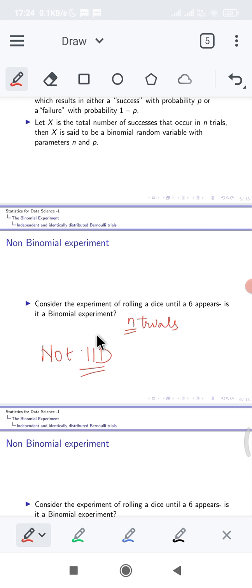So for an independent Bernoulli trial, for an IID, there are two things that you must have.